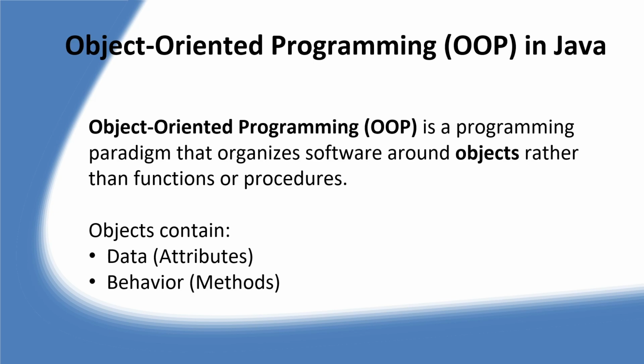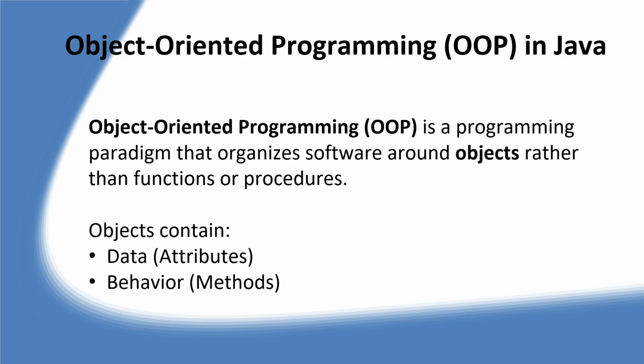And also we will have a look at the benefits of using object-oriented programming. By the end of this video, you will have a solid understanding of the foundation of Java programming. So let's get started. What is object-oriented programming?